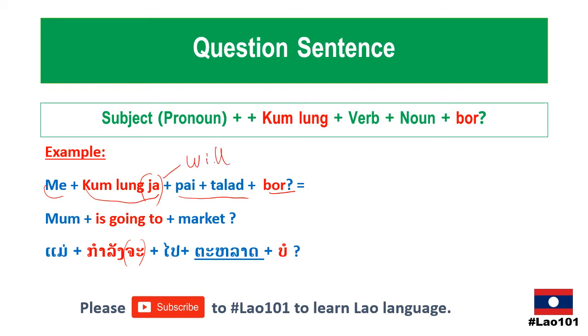So แม่กำลังไปตลาดบ่ or you can say แม่กำลังจะไปตลาดบ่ or you can say แม่กำลังไปตลาดบ่ Is mom going to the market? แม่นแล้ว. Yes, แม่กำลังไปตลาด. Or you can say บ่ แม่กำลังไปวัด. No, mom is going to temple.